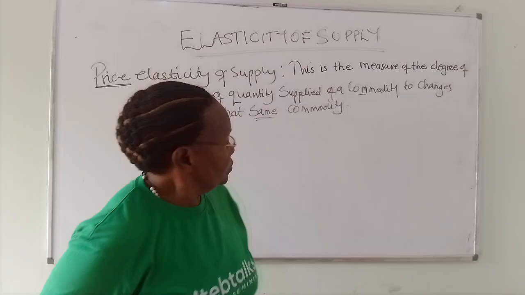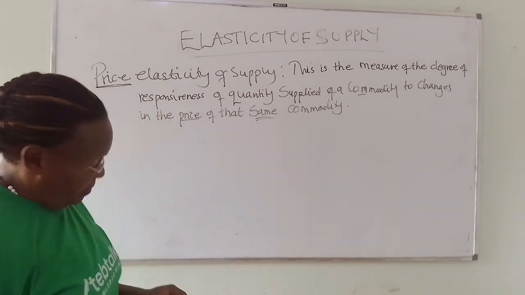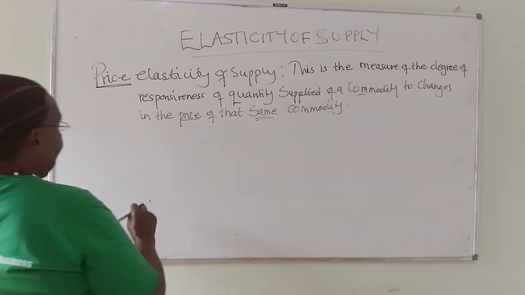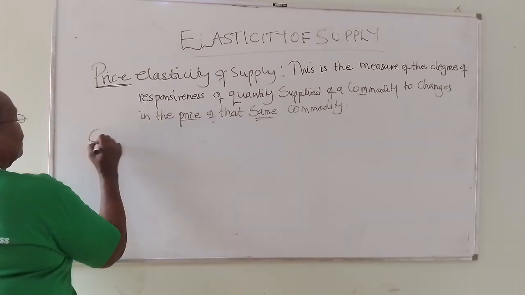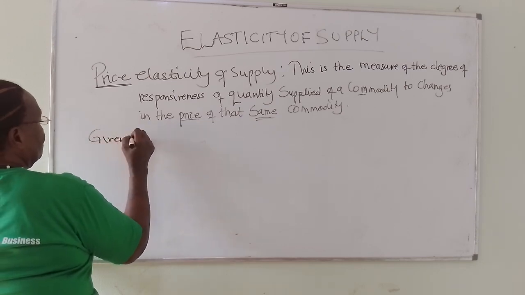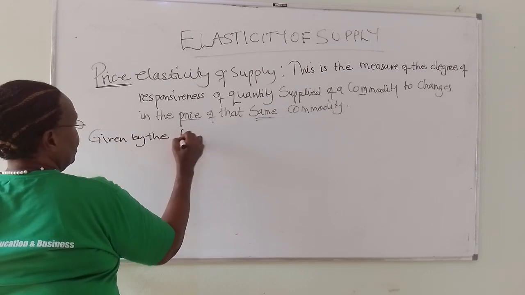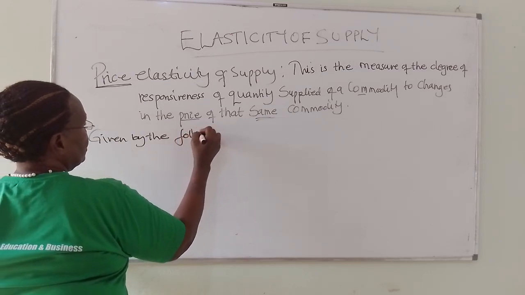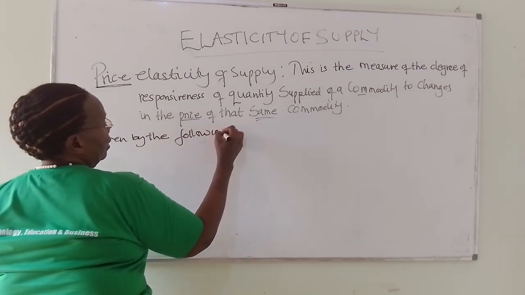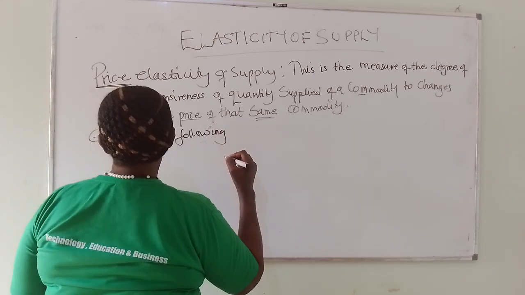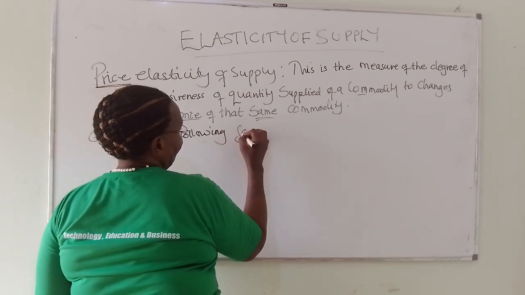And the price elasticity of supply is given by the following formula. Since it is a measure, we need to calculate, and in our calculation, we have a formula.